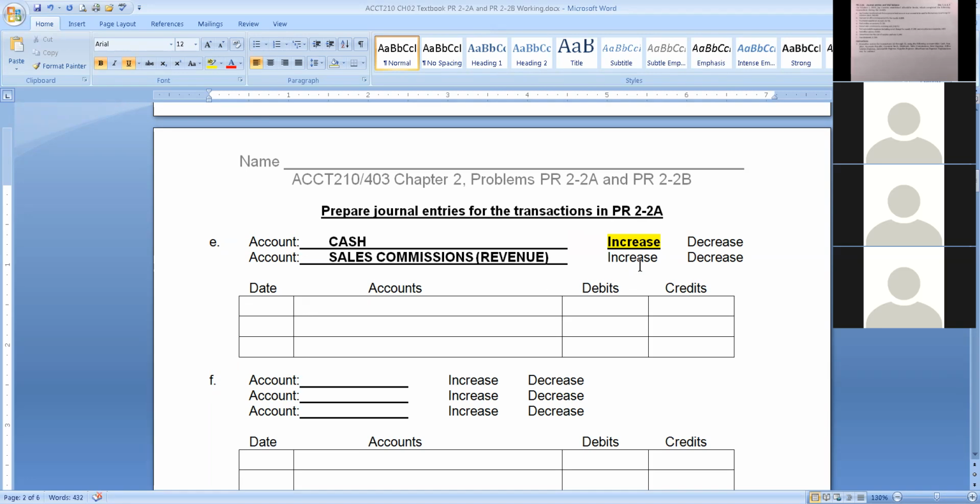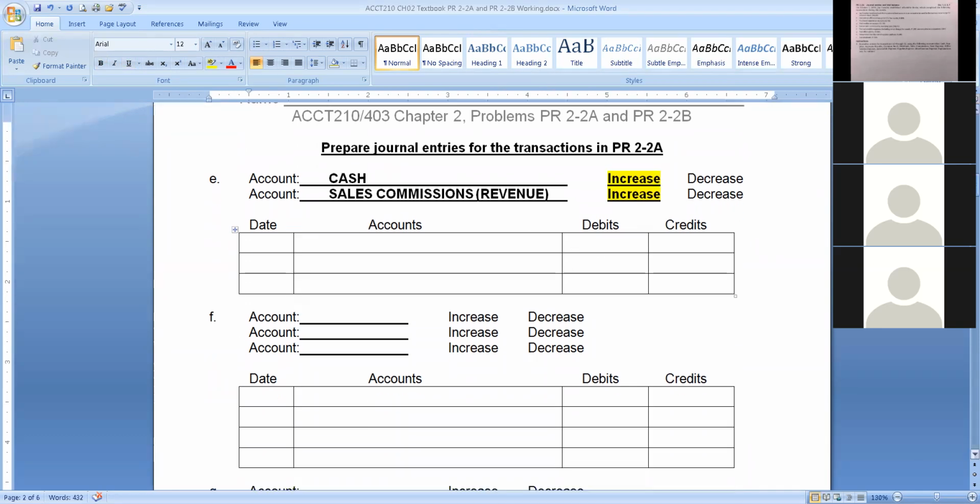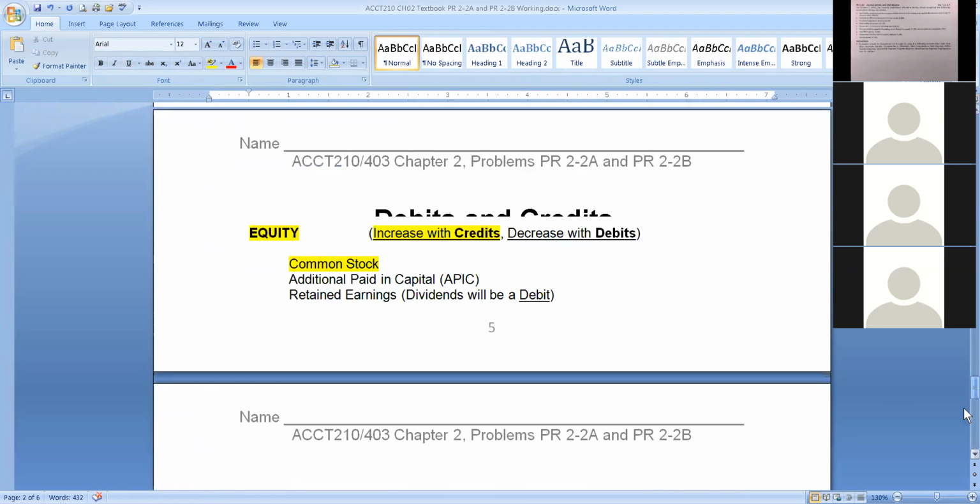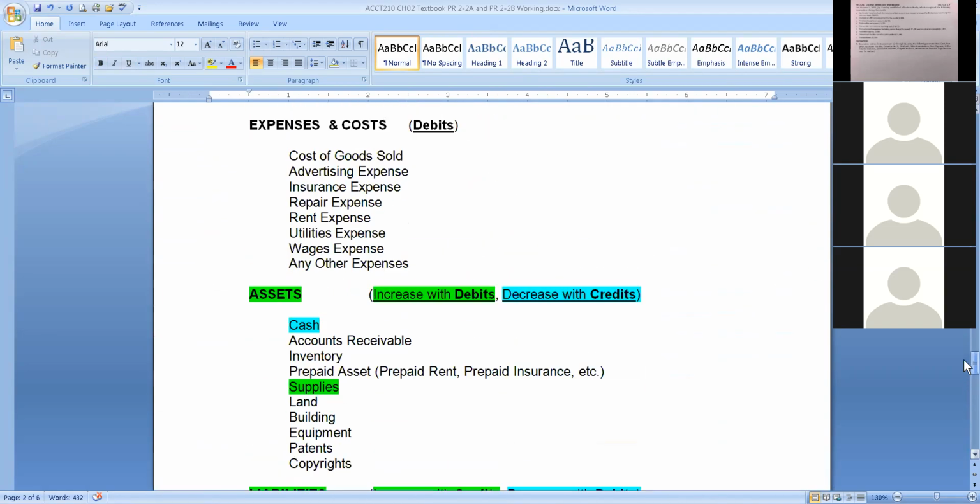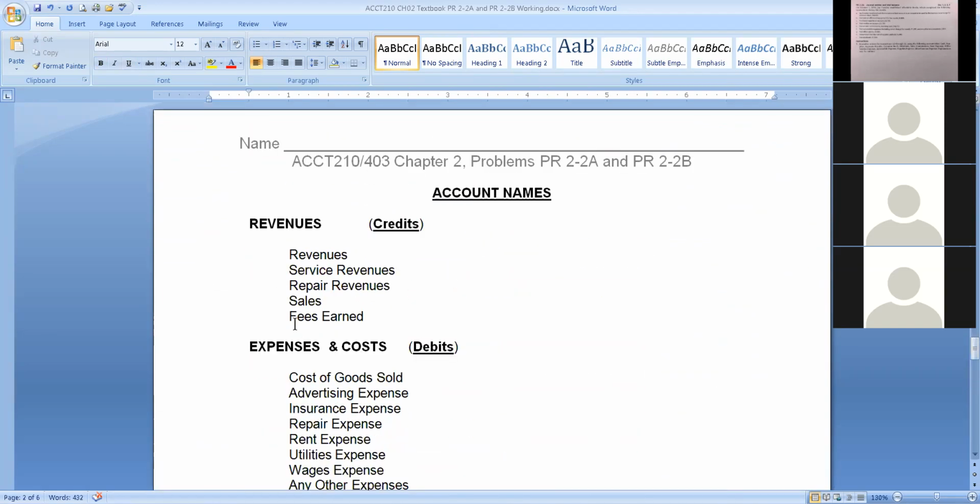Revenues are always going up. That would be sales. And sales are always going to be credits, unless there's something wacky like an error or something like that.